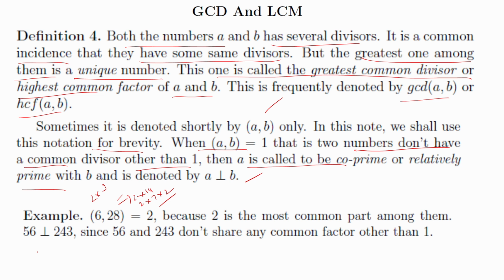Similarly, you take 56 and 243, but they do not have a common factor other than 1, therefore the GCD is 1.